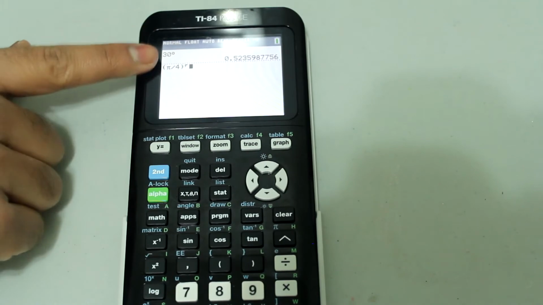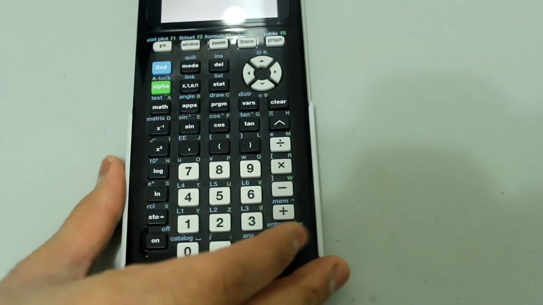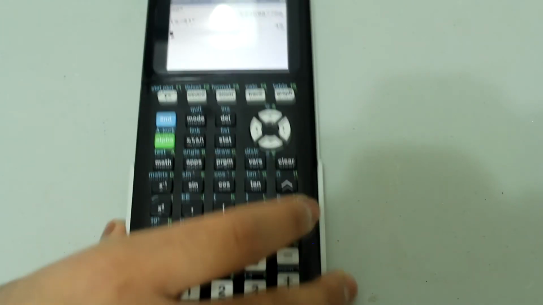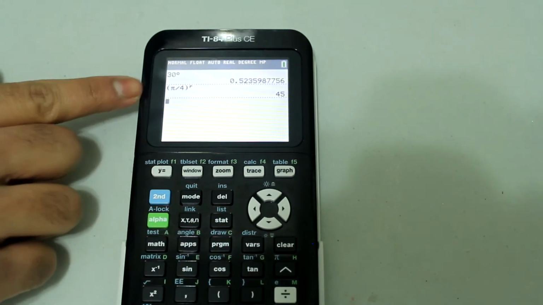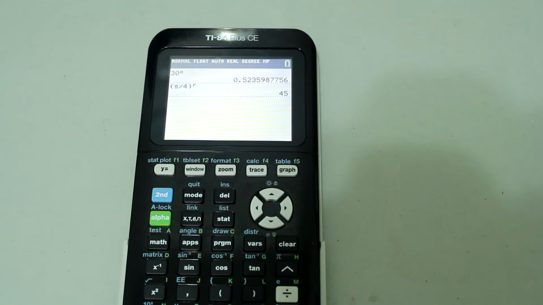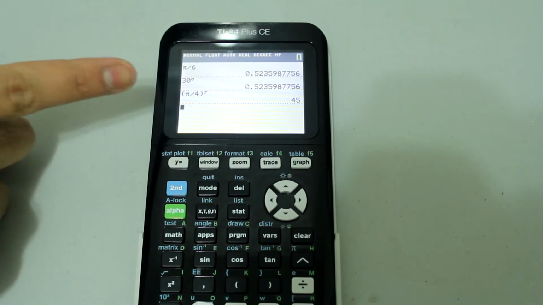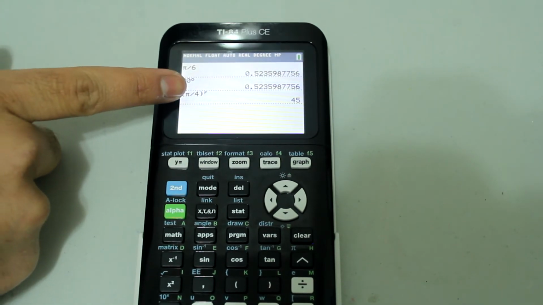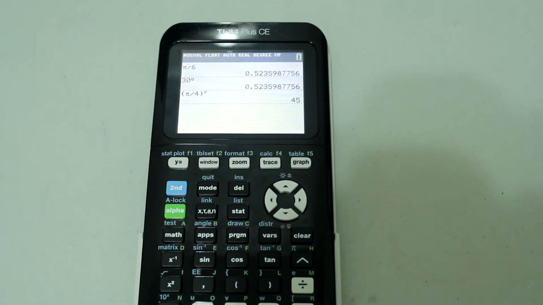There's a little R next to the parentheses, and then press enter. So now we have pi over 4 is equal to 45 degrees. If I hadn't done the parentheses, the calculator would have interpreted only the 4 being needed to convert it from radians to degrees, and we would get a totally different answer.